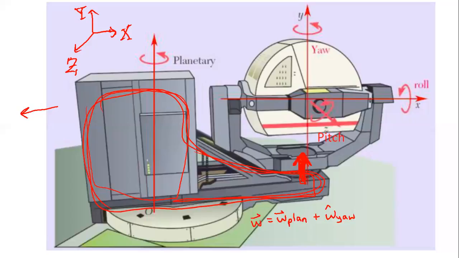But depending on which one you would want it in, you could just add the planetary and the yaw together in the end, and then use whatever the angle is there to transform that yaw and planetary back into the cab coordinate system, because that's when, like we talked about before, you'd want it in the person's head. But really you can just add the planetary and the yaw together.